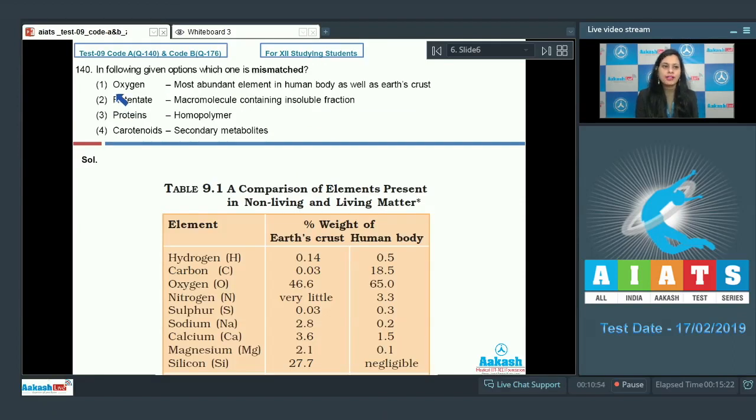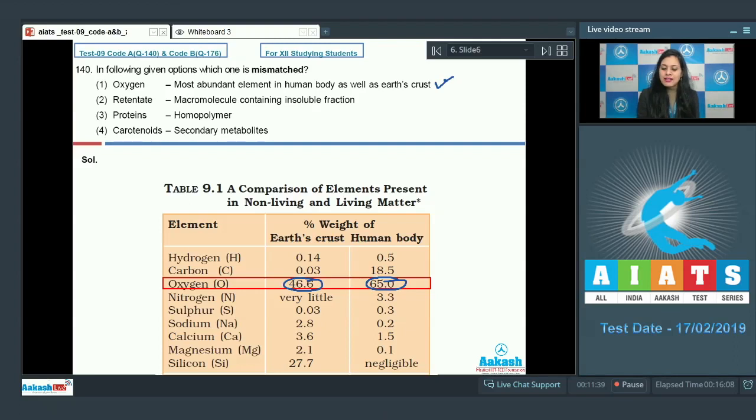Question number 140. Among the following options, which one is mismatched? The very first option is oxygen, most abundant element in the human body as well as Earth's crust. As you can see in this table given in your NCERT book for a comparison of elements present in non-living and living matter, oxygen is the most abundant element in both the Earth's crust and the human body.